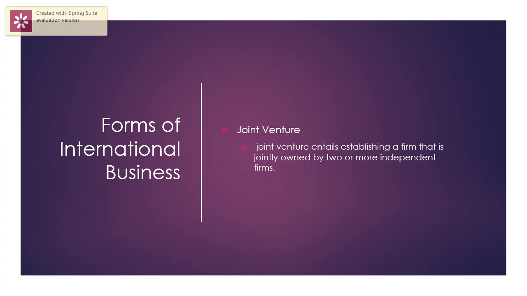Another was Google and NASA getting together to develop the Google Earth project. There are several joint ventures or alliances of such type in the airline industry as well. So these are some examples of joint ventures where there is minimum risk involved and both the companies play with their strengths.